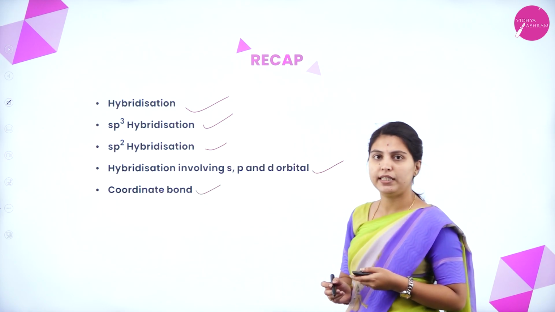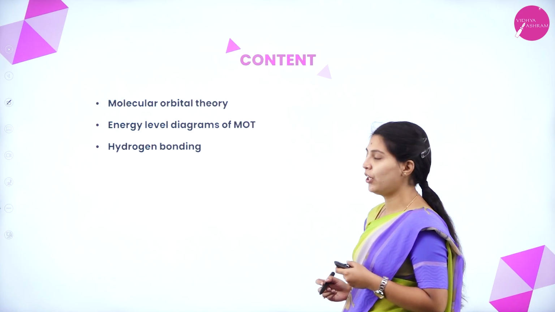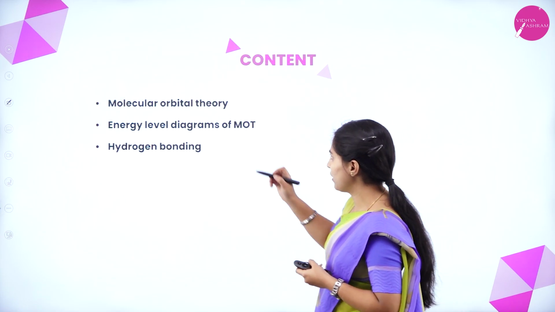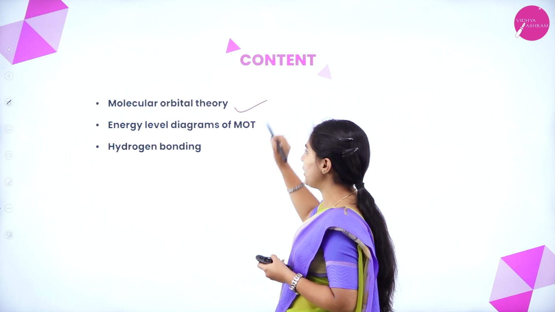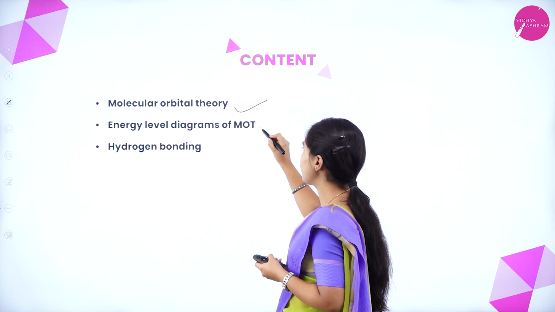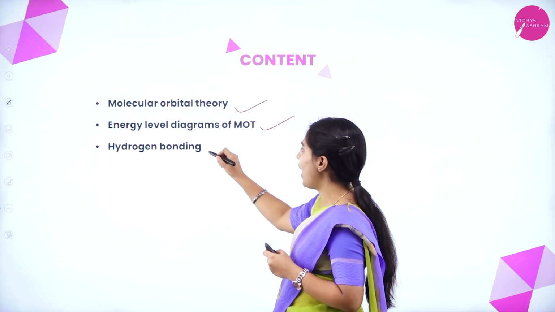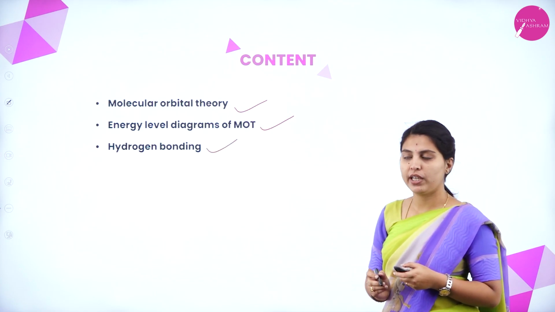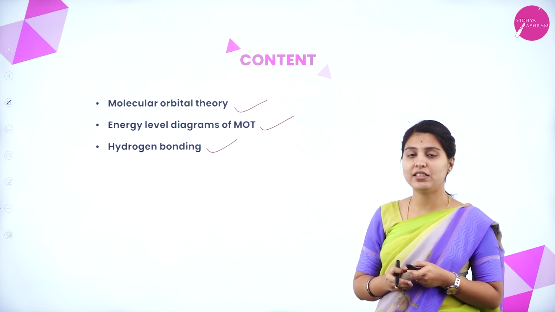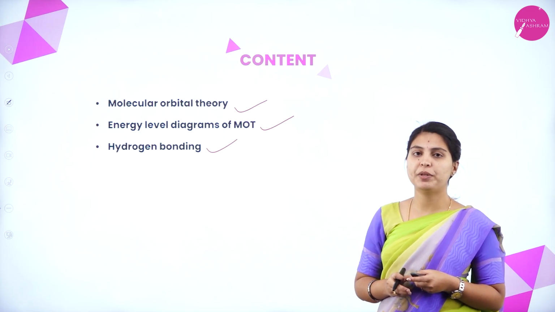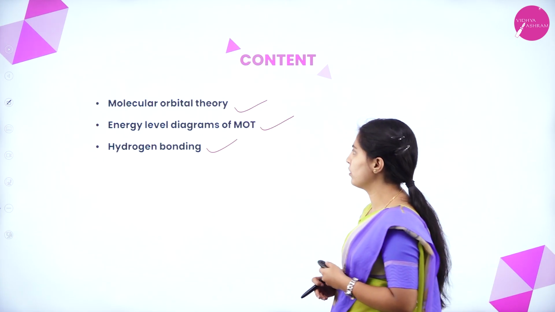In this session, we are going to discuss molecular orbital theory, energy level diagrams of molecular orbital theory, and the last type of bond, hydrogen bonding. These are interesting topics and major topics for your examination also.